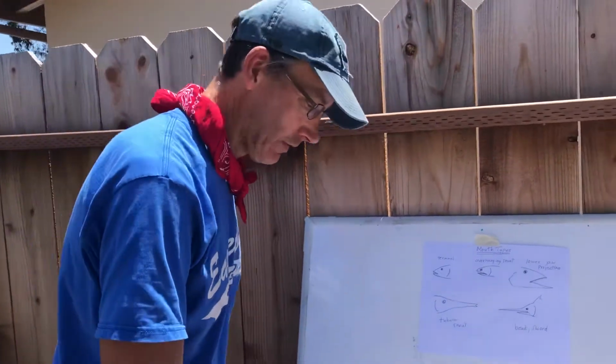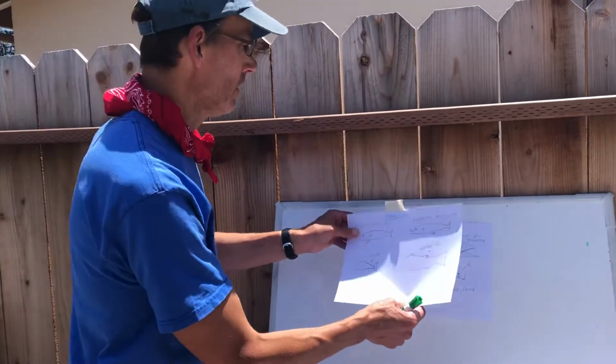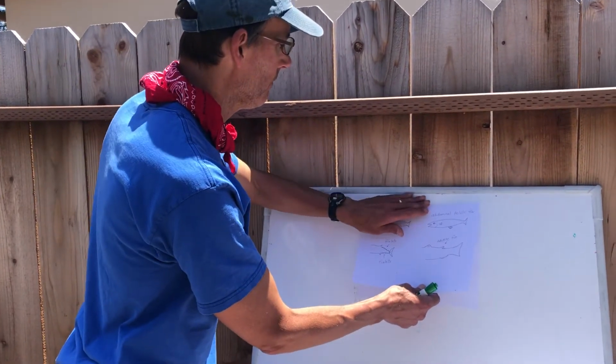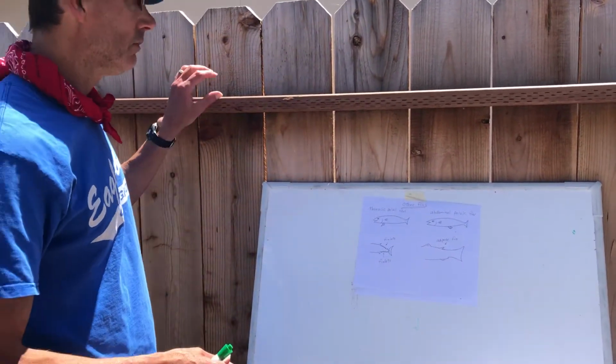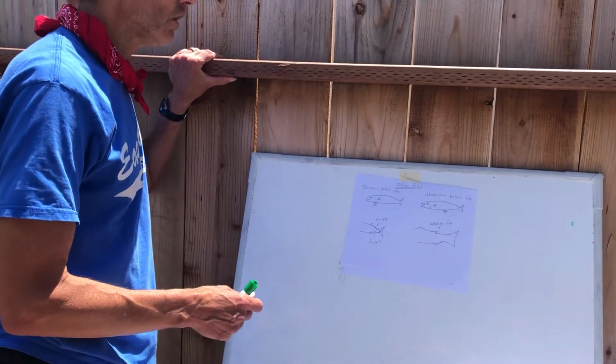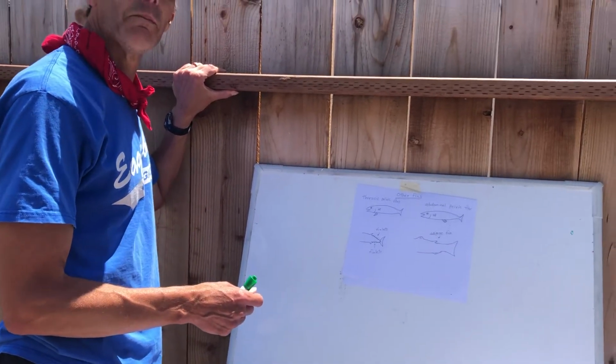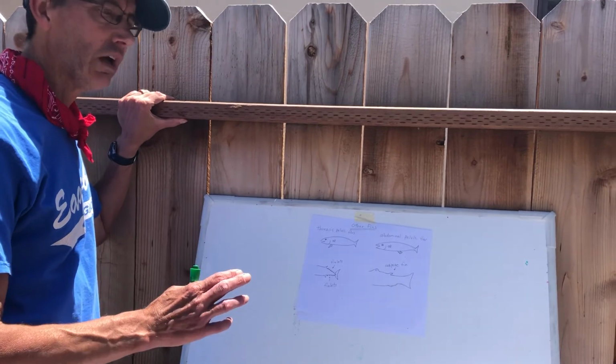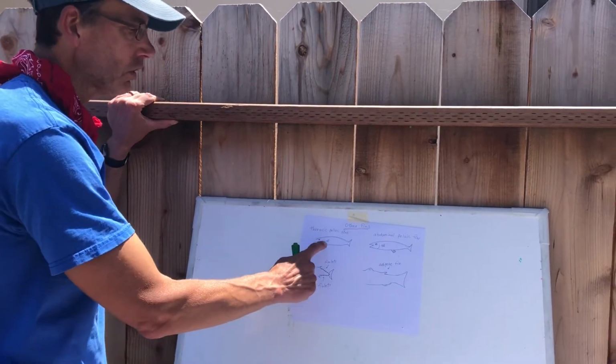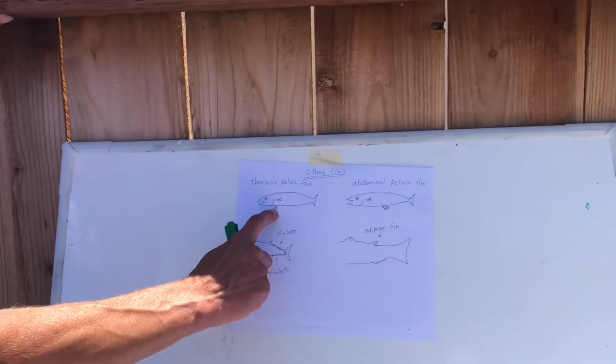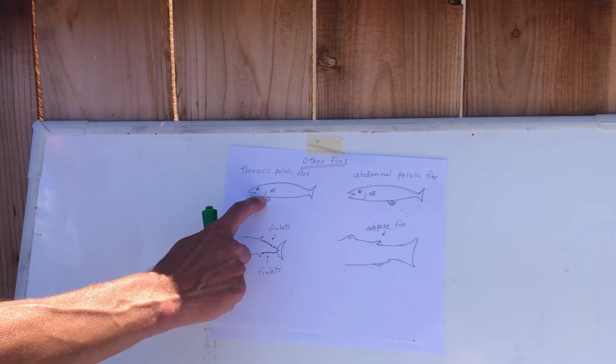Oh, wow. And one last thing is a couple other things. Pelvic fins can be arranged in 2 different ways. In one case, we call it thoracic, when the pelvic fins are near the head.